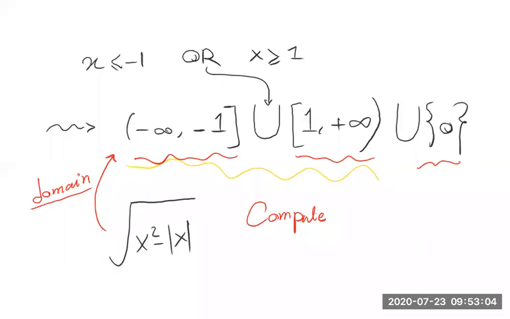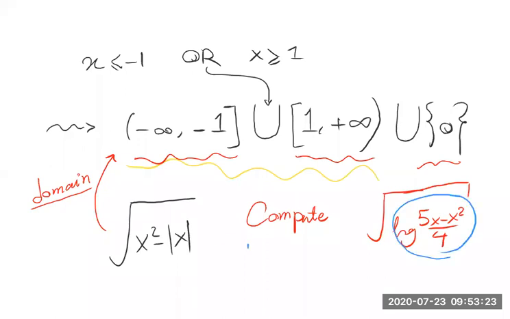Now we should compute the domain of the second component, which is the square root of log of 5x minus x squared over 4. Well, there are two kinds of difficulties here. One is that when we have square root, when we have radical, whatever is under the radical should be non-negative.